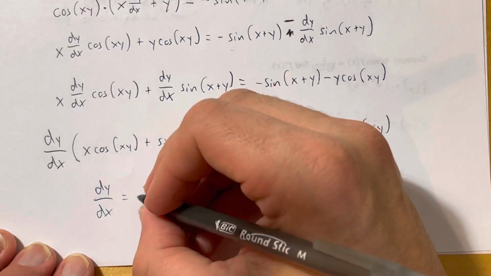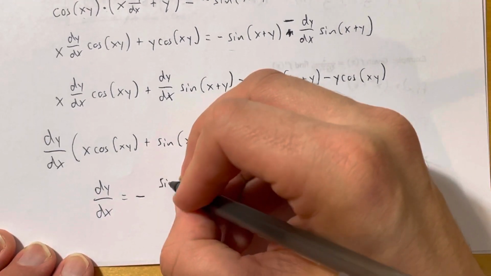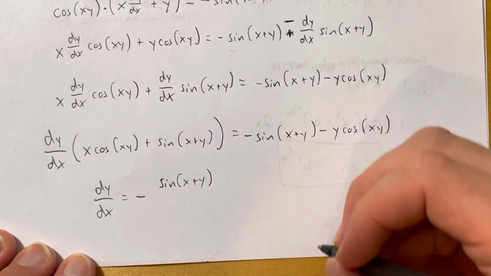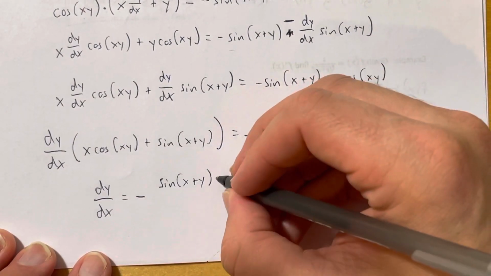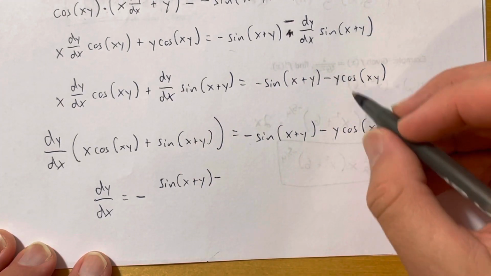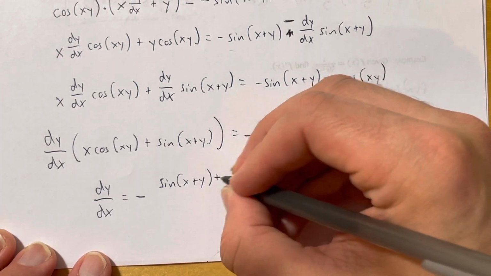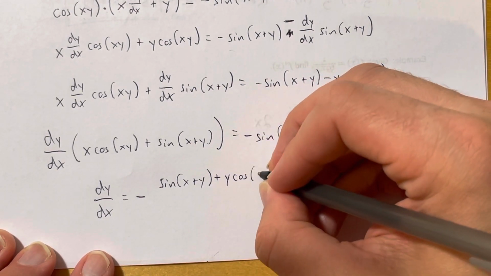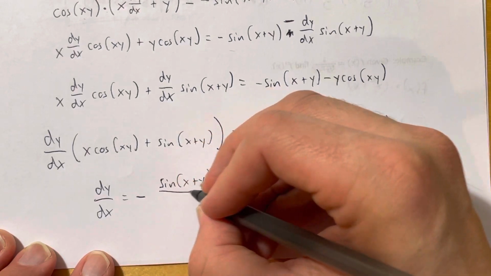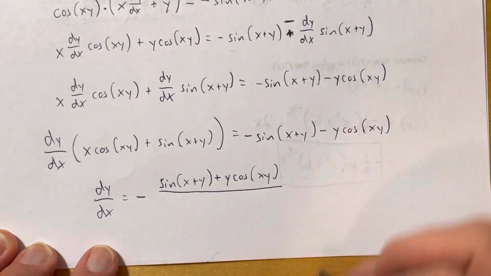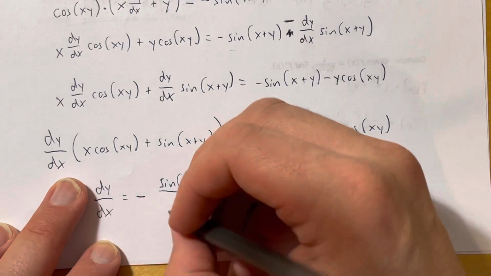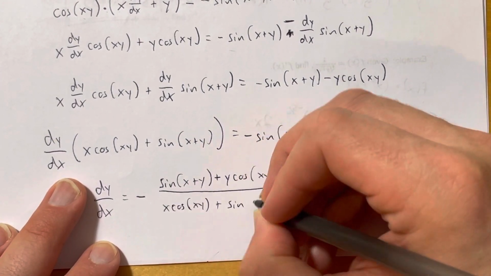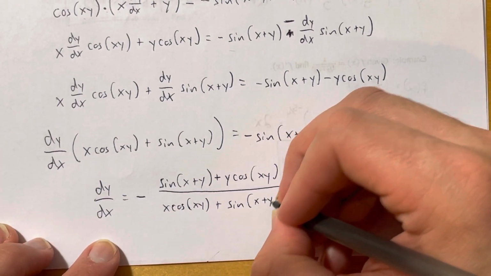I'm going to go ahead and do what I did before and factor the negative all the way out so that I can write sine of x plus y plus y cosine of xy over this guy right here, x cosine of xy plus sine of x plus y.